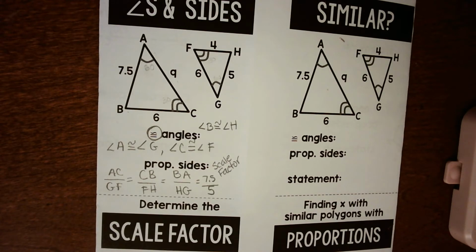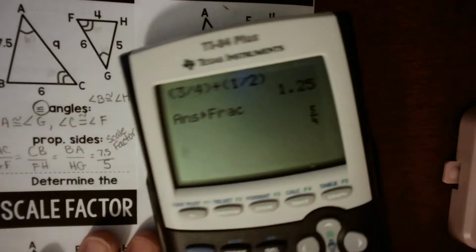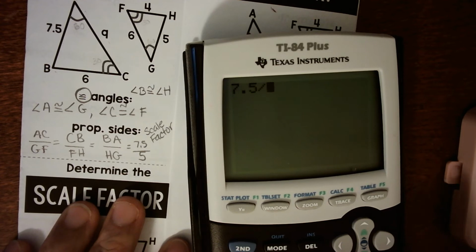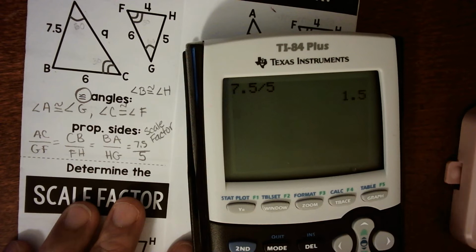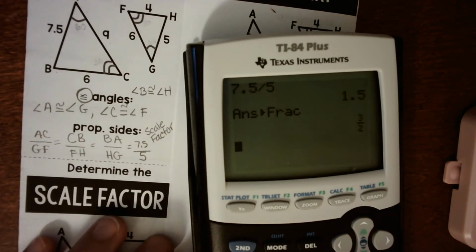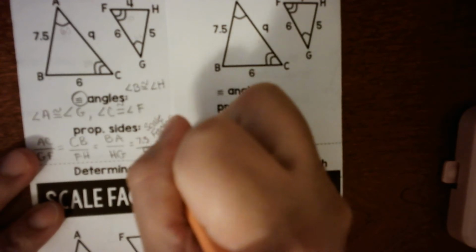And this is why on the previous homework assignment, I kept asking you to always reduce your fraction. We have 7.5 divided by 5 gives you a 1.5. We don't need that decimal. We need a fraction. Again, that's why we were doing it on the last homework assignment. We have 3/2. So this scale factor is 3/2.